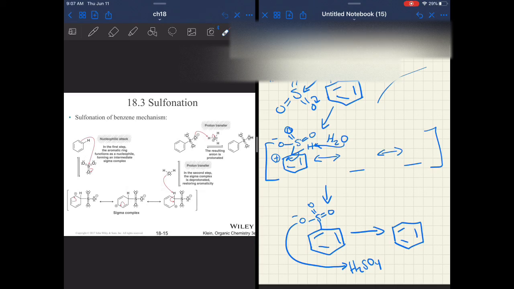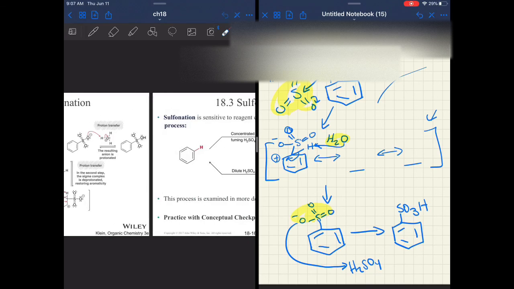H2SO4 is fine as well. And that is how you're going to get SO3H. So in this reaction, what's really important to add to knowing about the sigma complex is that you have the SO3 as your electrophile, that water acts as your base, and that you have an additional step where you have to protonate this guy.